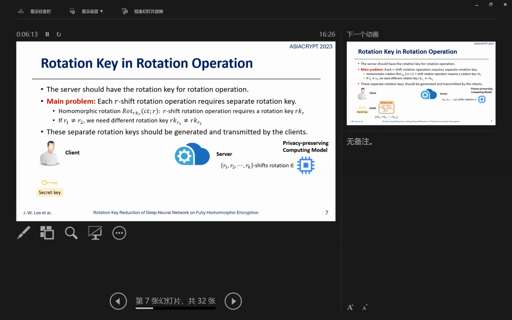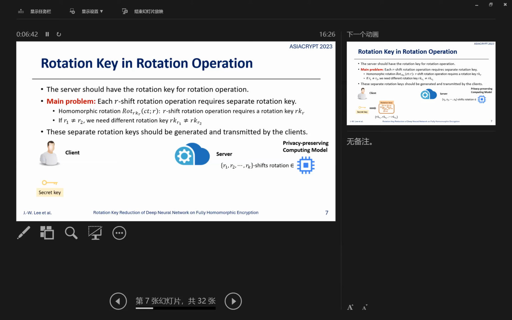So I will explain the rotation key problem. The main problem is that each R-shift rotation operation requires a separate, different rotation key. A rotation key is an evaluation key, a kind of public key for the rotation operation. So the server should have the rotation key for the corresponding rotation operation.